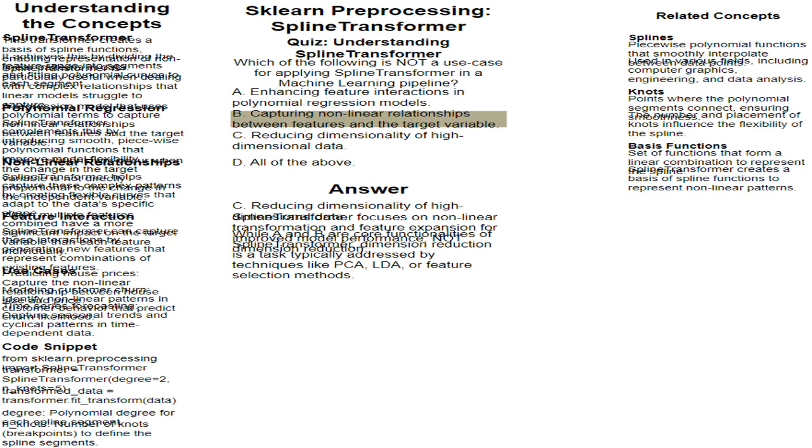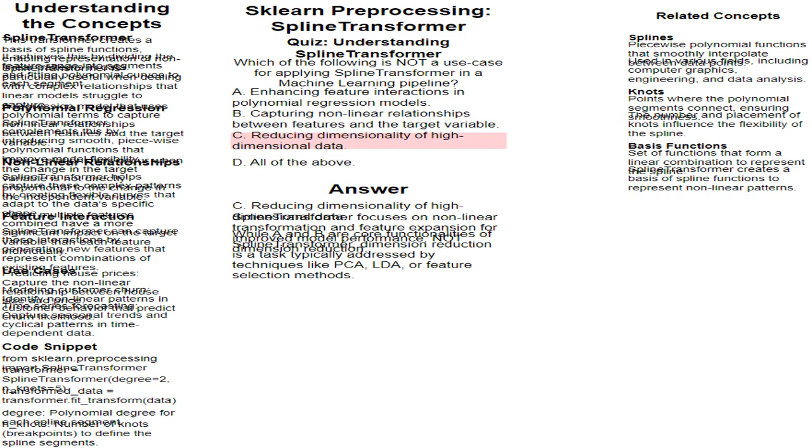B. Capturing nonlinear relationships between features and the target variable. Spline transformer is explicitly designed for capturing nonlinear relationships, as it fits piecewise polynomial curves to segments of the data. It helps represent these complex patterns with more flexibility than linear models.